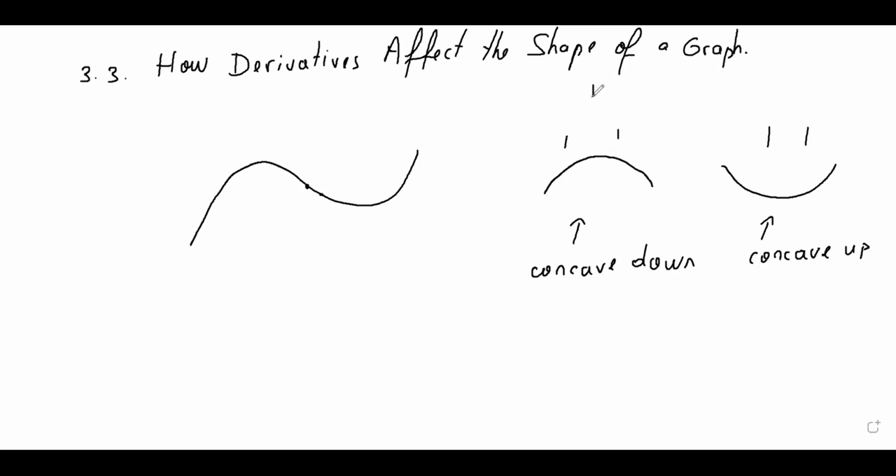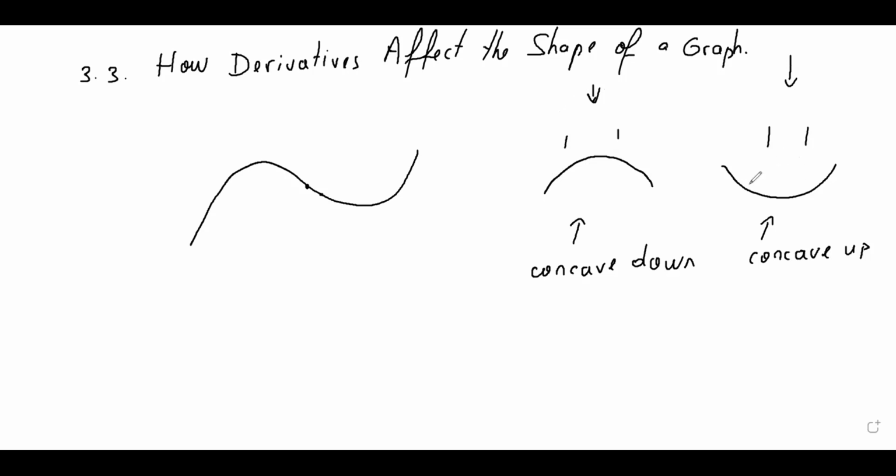If you pour water over here, it's going to go down, and concave up holds the water. If you pour water here, the water is going to stay inside this shape.